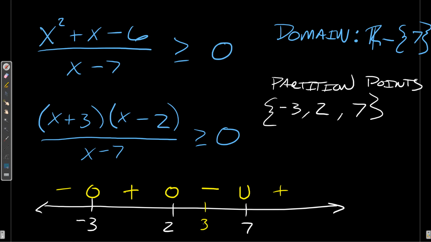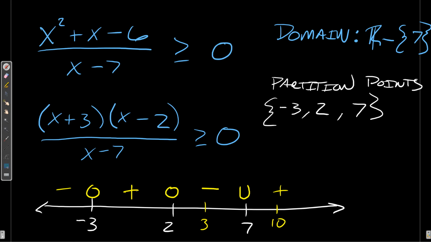Right here I can get a test point of 3. If I put a 3 in everywhere for x, then this would be positive and positive and negative. And sure enough, that matches up. If I used a number that was bigger than 7, like 10, then this would be positive and positive and positive, and that matches up.